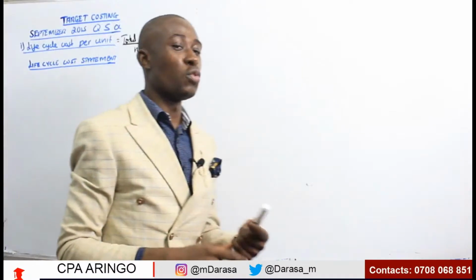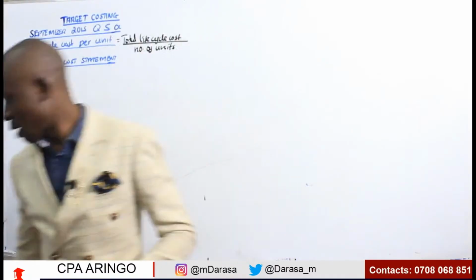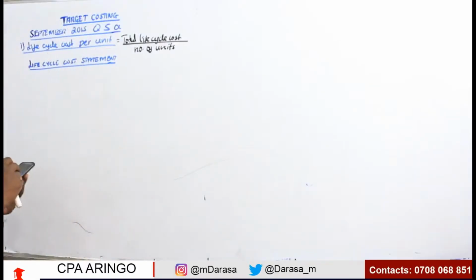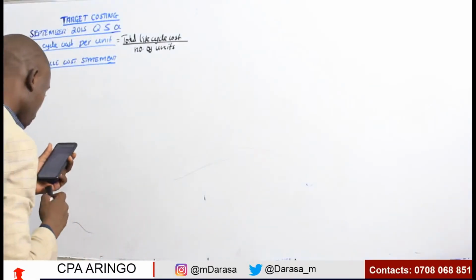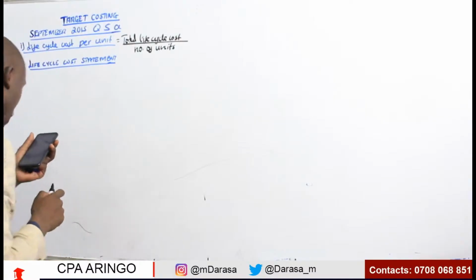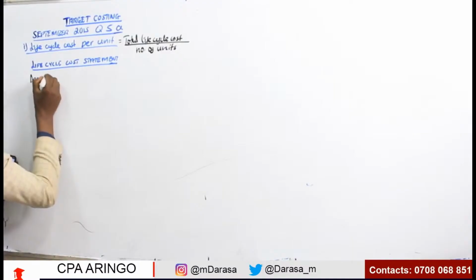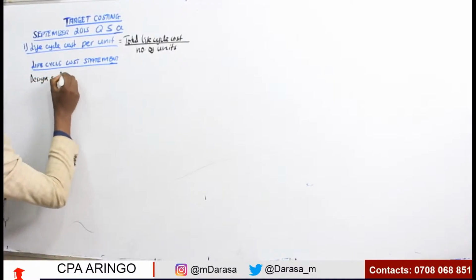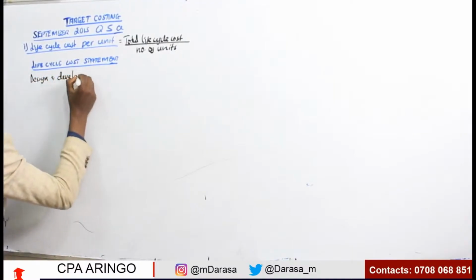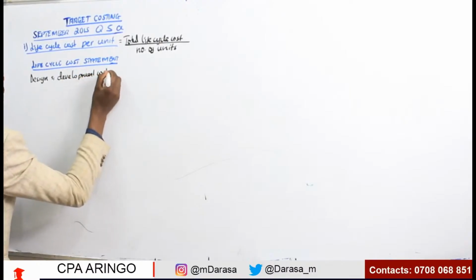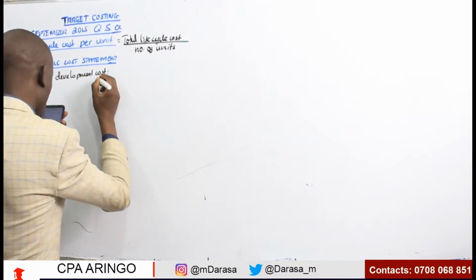We start with the costs I was given. Among the costs given, we had design and development costs, which in this case I was given a figure of 10 million.